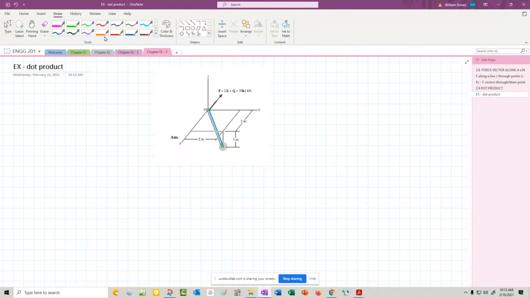Given this force up here, and there's a pole. We don't know how it's all fixed. This looks down here like it's connected to the ground or something. That's probably a free end, and we have that force pulling on it. Let's find a few different things from this.